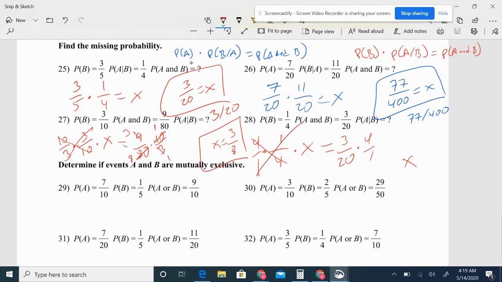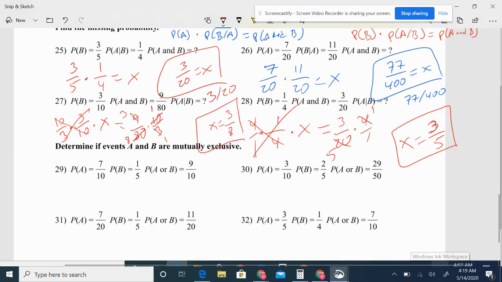That way I get the X by itself. Now here, let me simplify the 4 and the 20. This 1 and 5. I divided each by 4. Now when I multiply straight on the top, I have 3 over 5. So X is equal to 3 over 5. Simple.